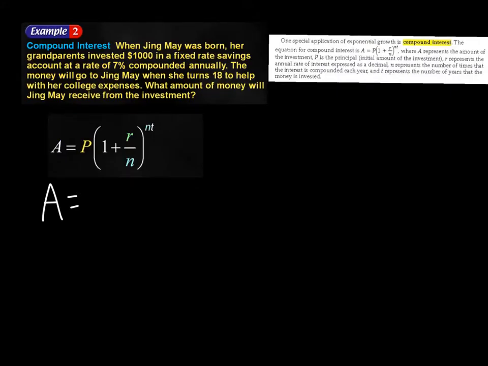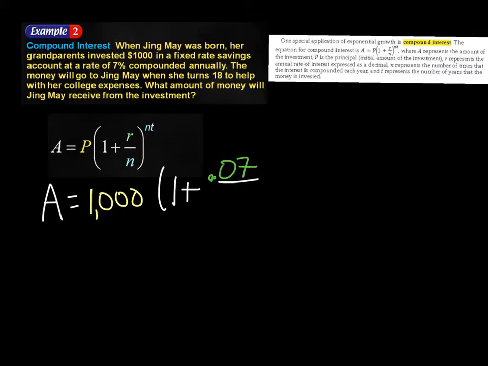The principal is the amount that it was invested, so that's $1,000. The formula always has a 1 plus r, the rate as a decimal, so 7% is 0.07, over n.